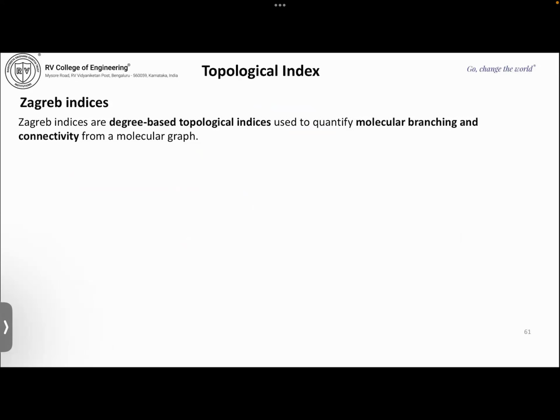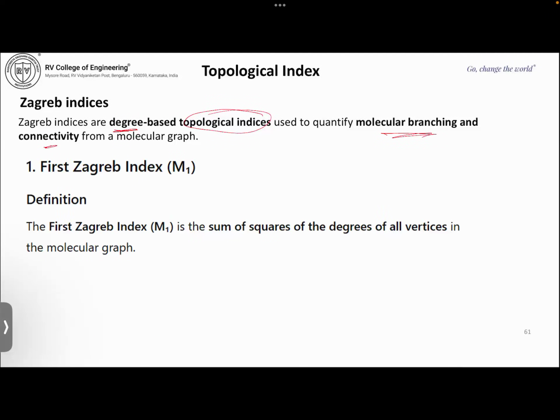Zagreb indices are degree-based topological indices, used to quantify molecular branching and connectivity from a molecular graph. There are two types of Zagreb indices. The first Zagreb index is represented by M1. It is the sum of squares of the degrees of all vertices. You identify each vertex and its degree, square it, and then add all of them.